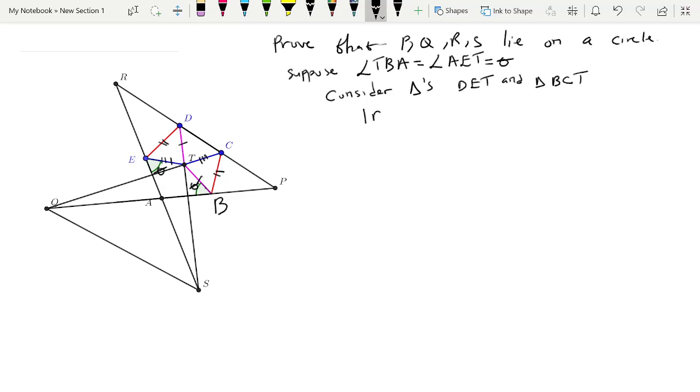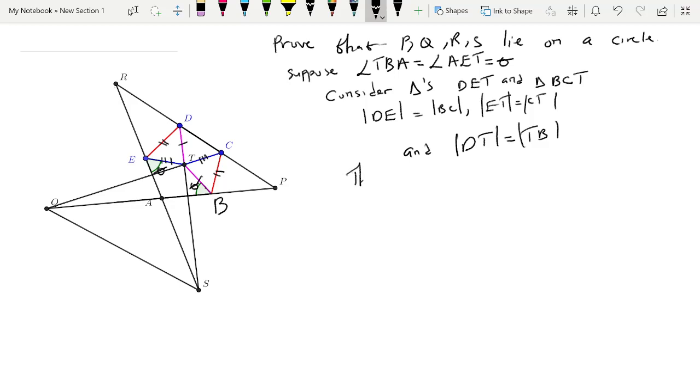These two triangles, we have that DE is equal to BC, ET is equal to CT, and DT is equal to TB. So this means that these two triangles are actually congruent.